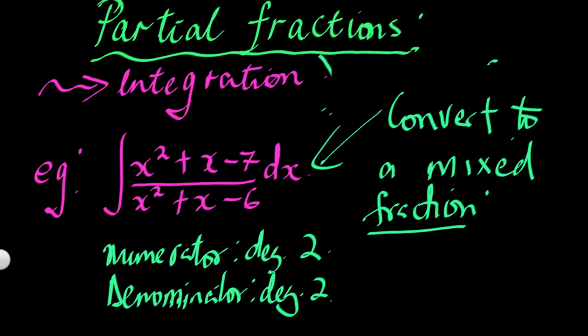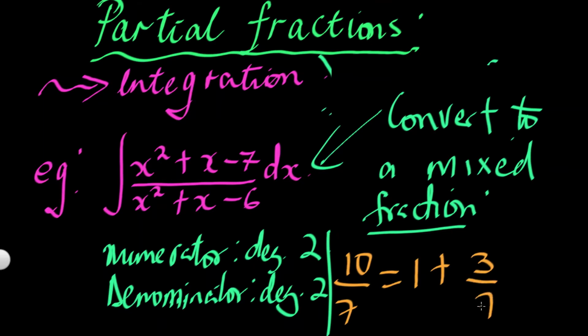So what you do, let us say we have an improper fraction here, 10 over 7. If we divide 7 into 10, we get 1 remainder 3. So this 10 over 7 can be written as 1 plus 3 over 7.